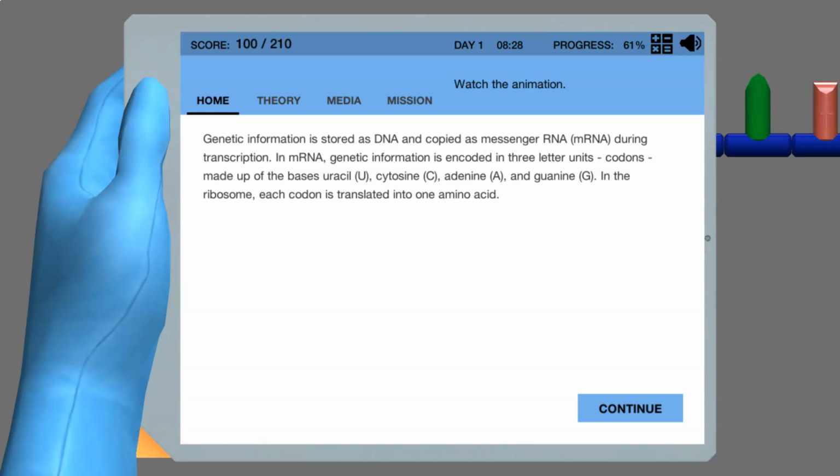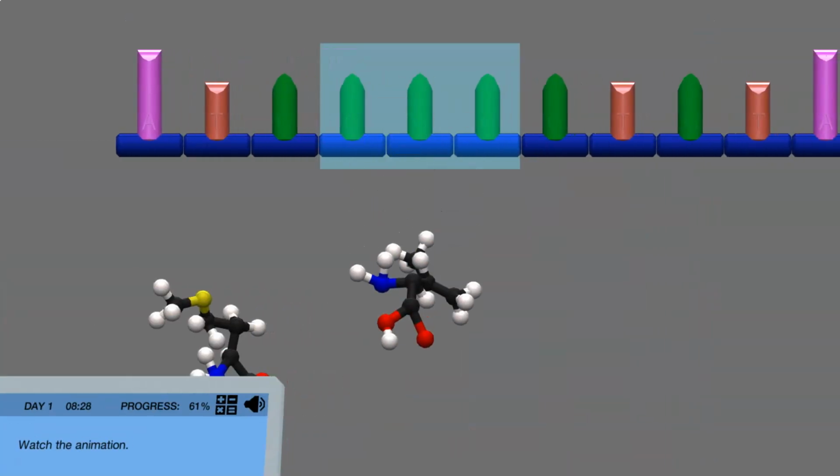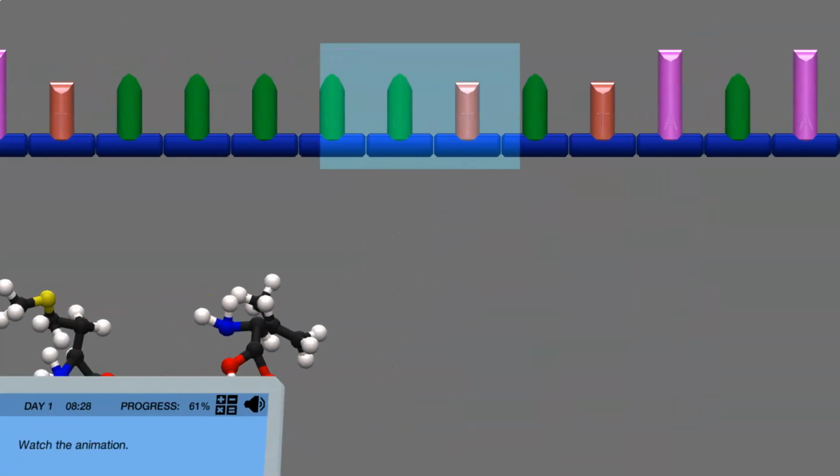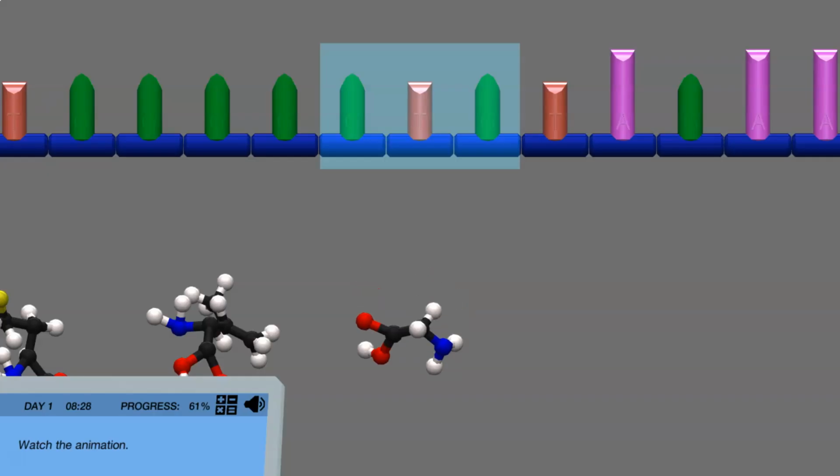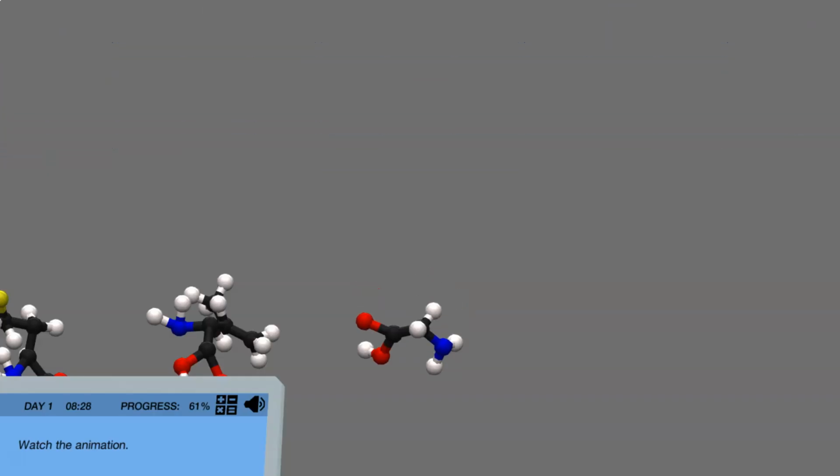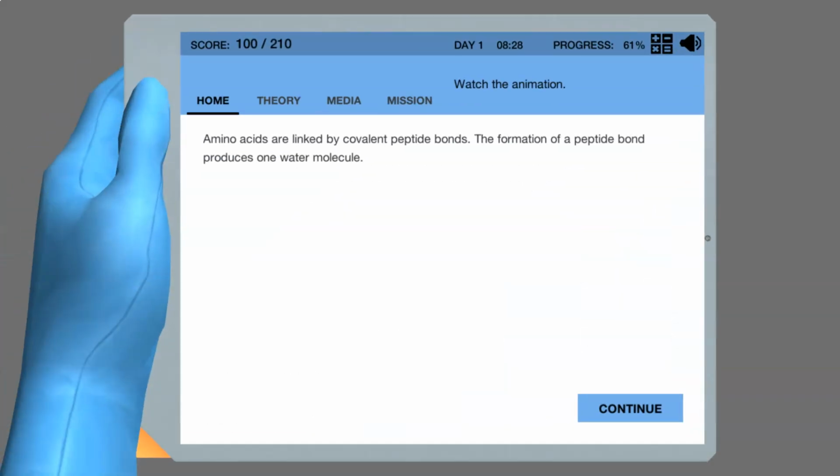In the ribosome, each codon is translated into 1 amino acid. Amino acids are linked by covalent peptide bonds. The formation of a peptide bond produces 1 water molecule.